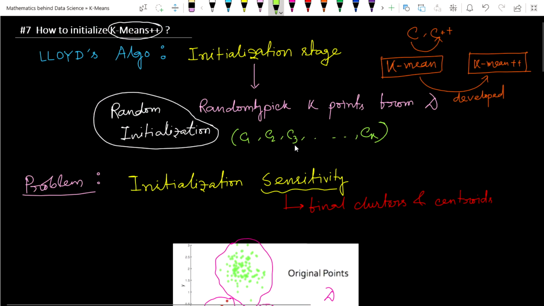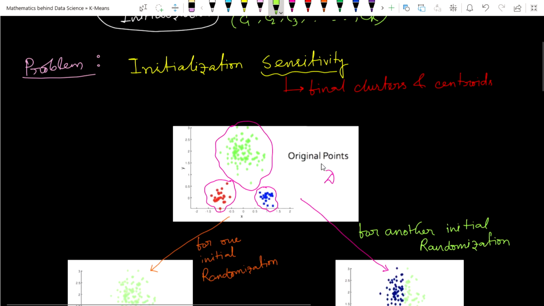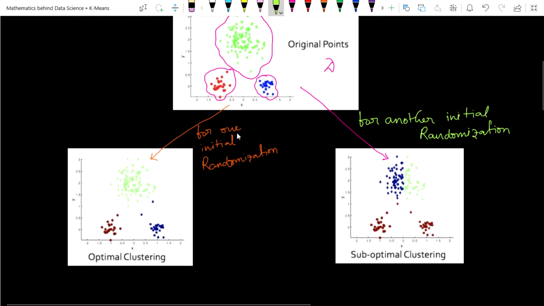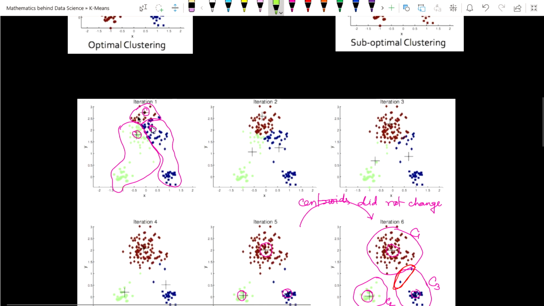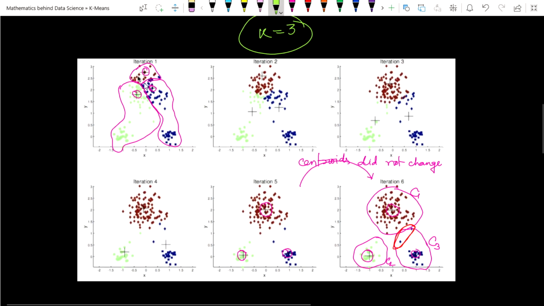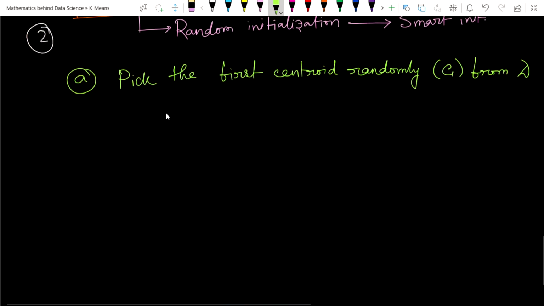Normally in initialization we would randomly pick 3 points, since here k equals 3, but instead of 3, we will pick just one single point.